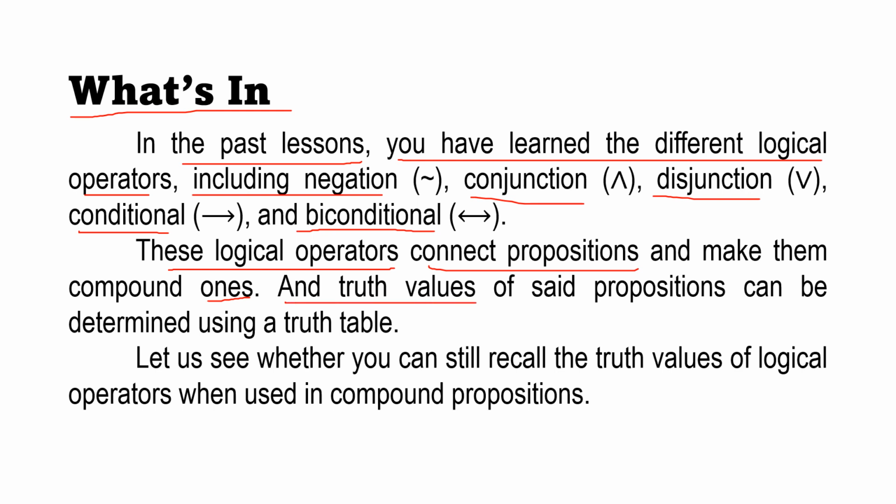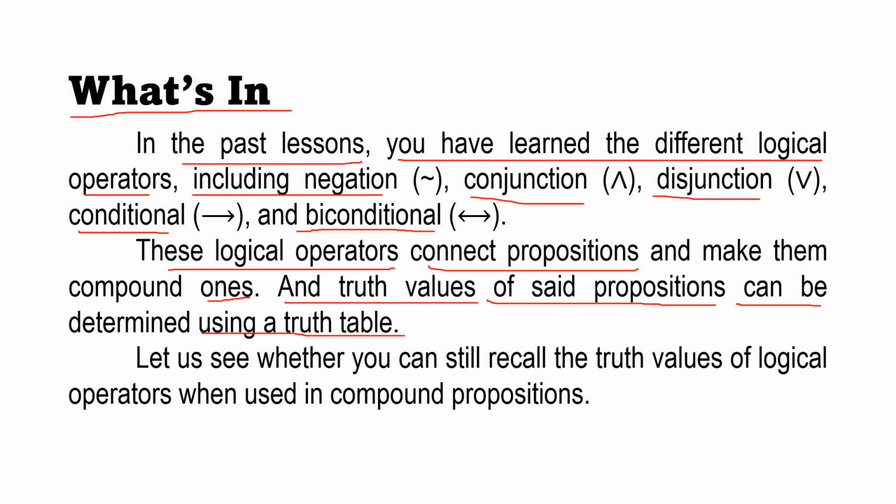And truth values of said propositions can be determined using a truth table. We can easily visualize what will be the resulting truth value of the compound proposition. Once we combine two or more simple propositions, we apply the logical operators.